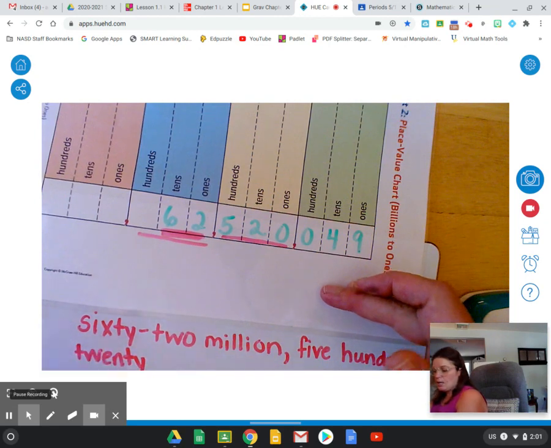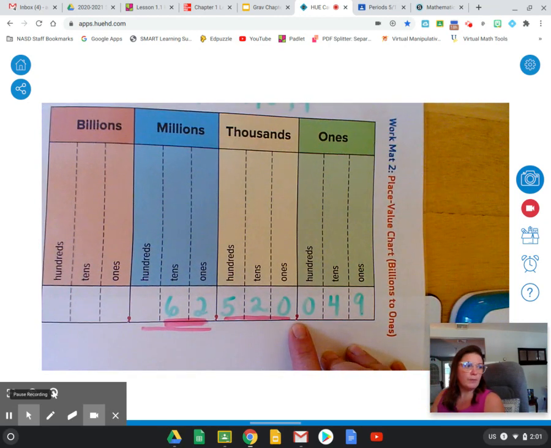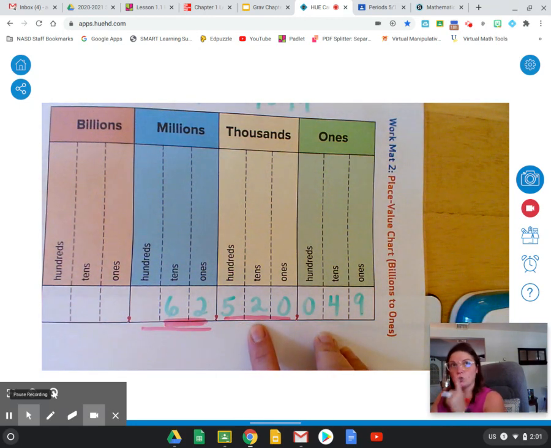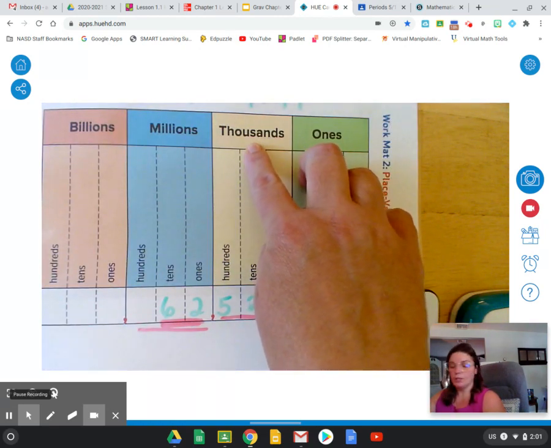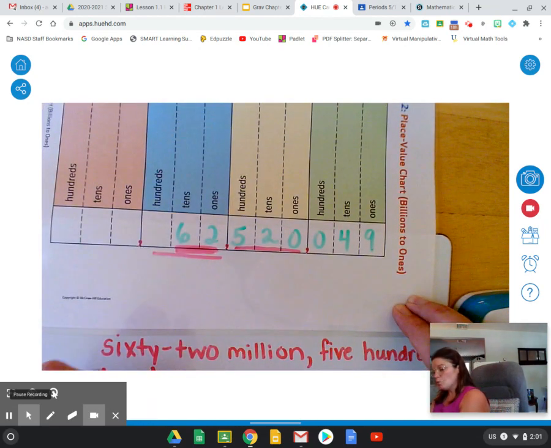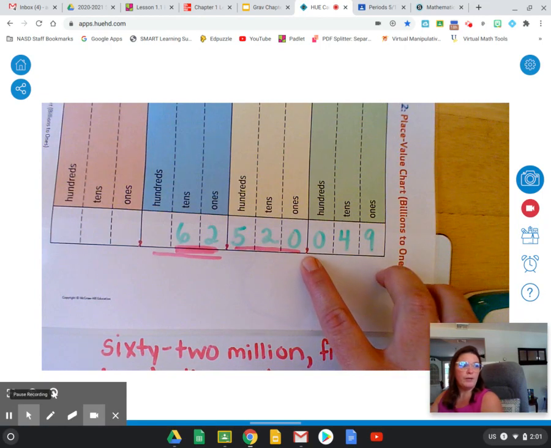And again, I see a comma. So whenever there's a comma, you need to write the word of that period. So what was the period for 520? That was the thousands period. So I need to write 520,000. And I'm putting that comma right back in there.